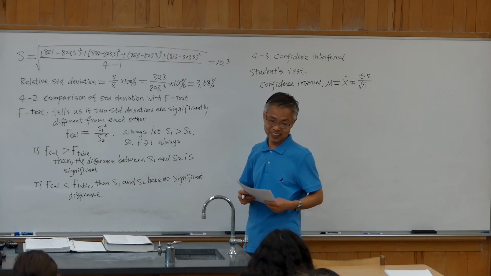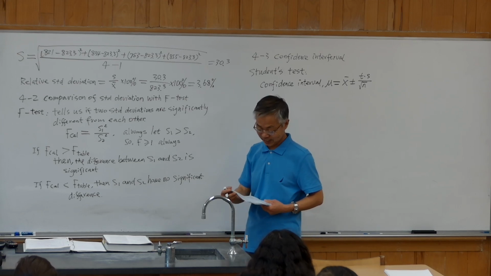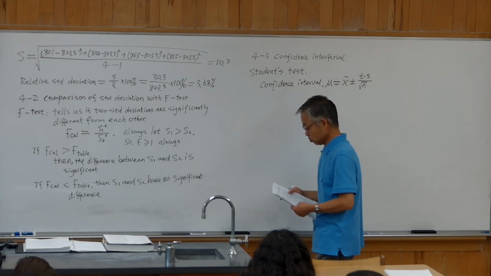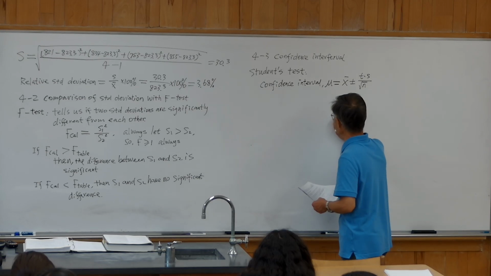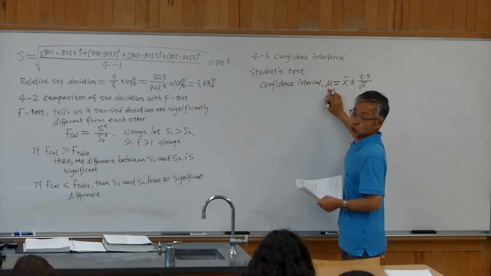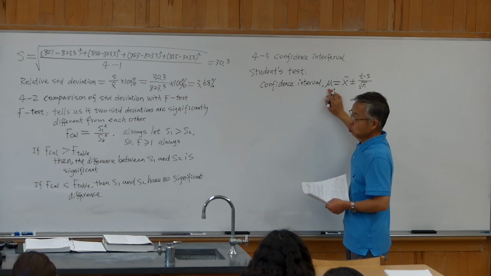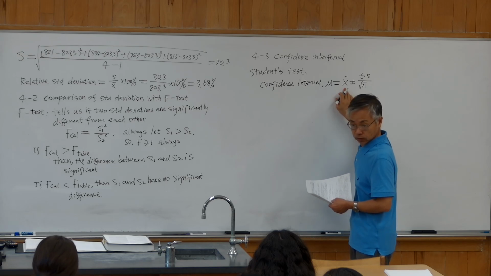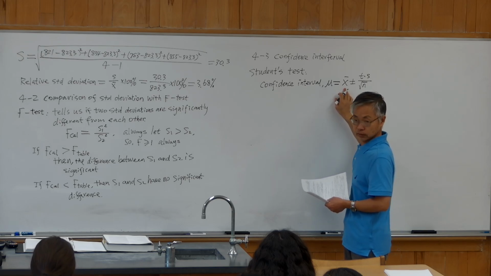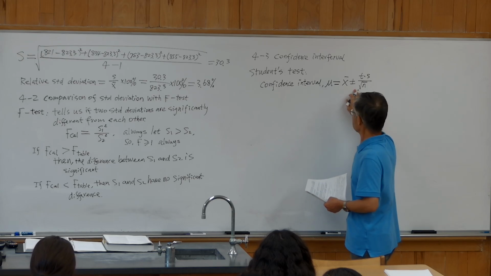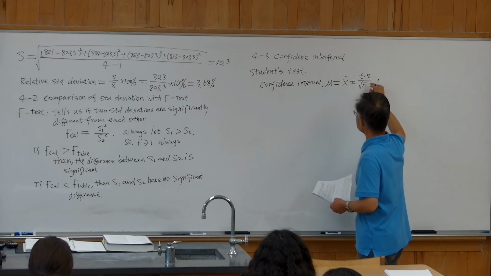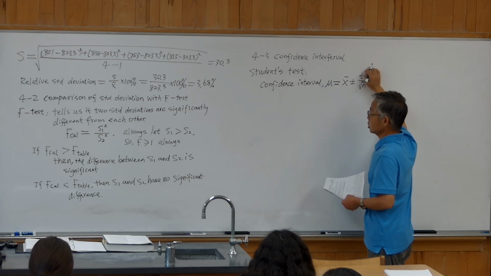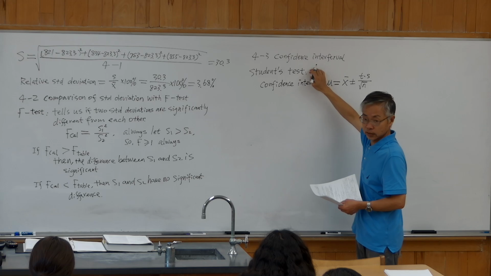Plus minus is a range. So this expression states that the true value, mu, will lie in a range around x bar, the mean value, right? Around the mean value in some range. This range depends on this t, Student's t.